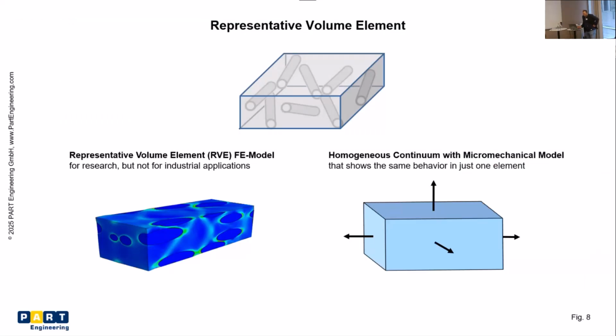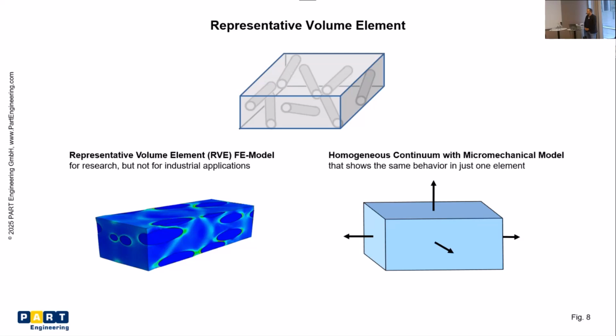And how to model a proper material model for that. You can go pretty much two different ways. The first one would, of course, be the easiest in terms of material modeling, because then you just need two isotropic material models, but you have to mesh every fiber in your part, which of course is more likely to be for scientific research, but not for industrial applications, because you cannot mesh all fibers in an industrial part.